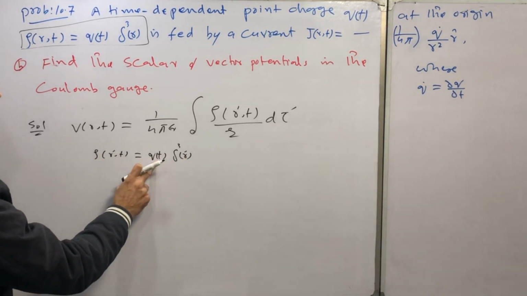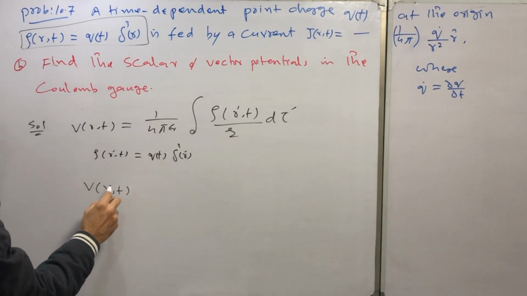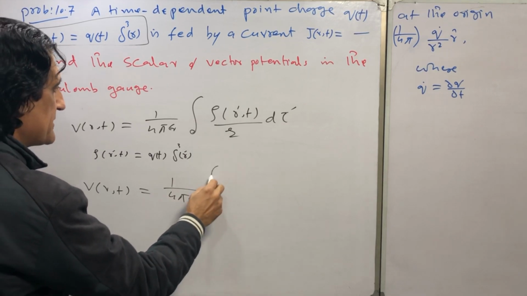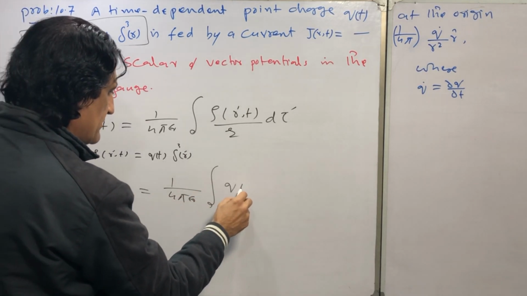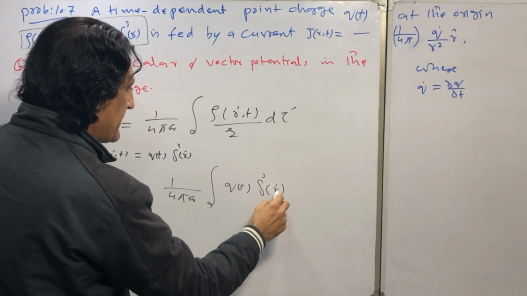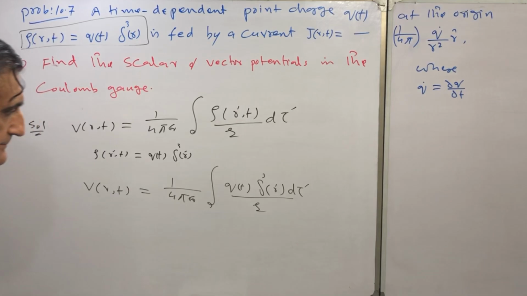Putting the value of this in this equation, V of r, t is equal to 1 over 4 pi epsilon naught integral of q of t delta cube of r prime d tau prime divided by r.